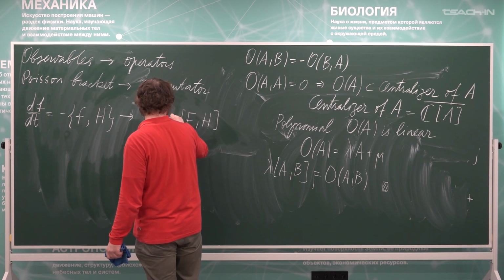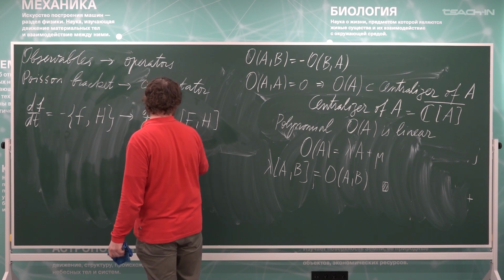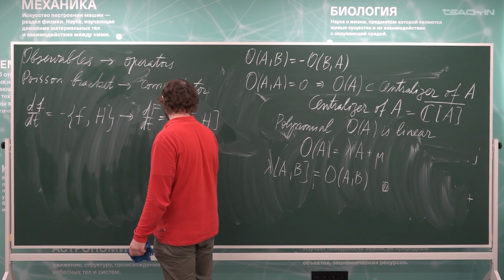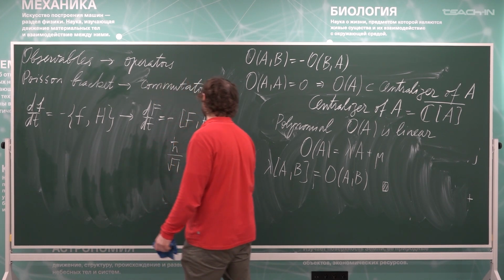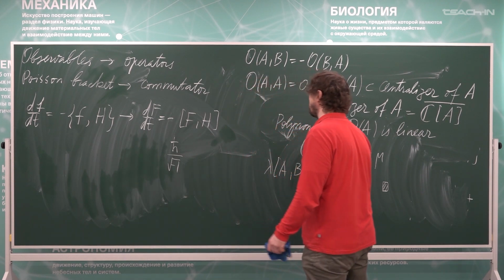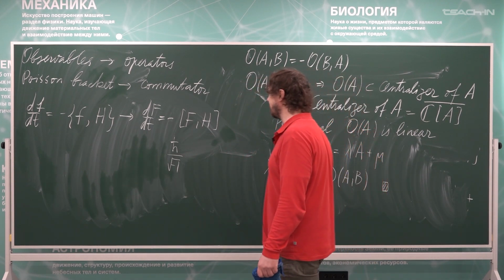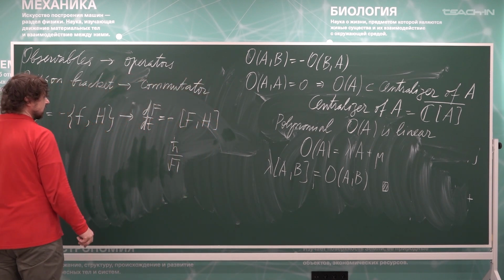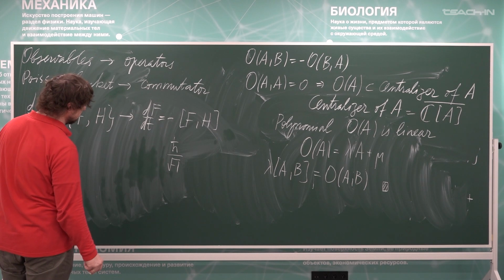Here I actually omitted some important factors like h bar divided by square root of minus 1, I believe. But it is a mathematical tradition to omit these factors, at least for the time being.